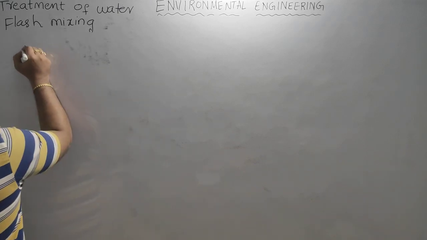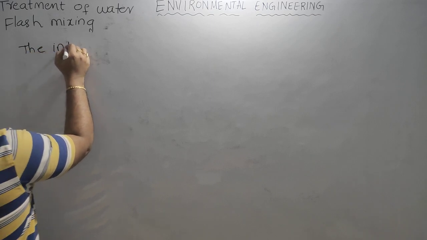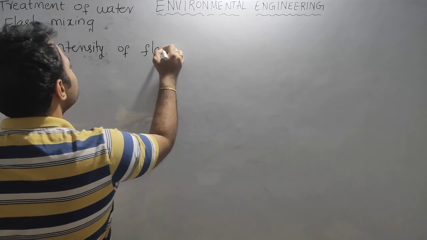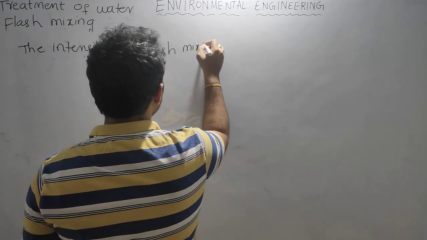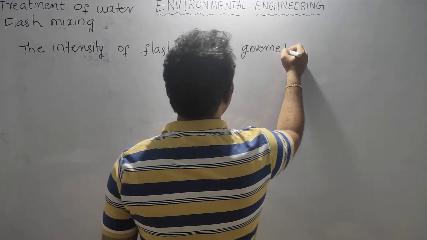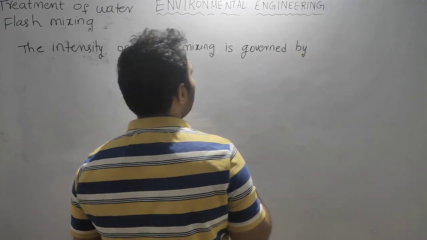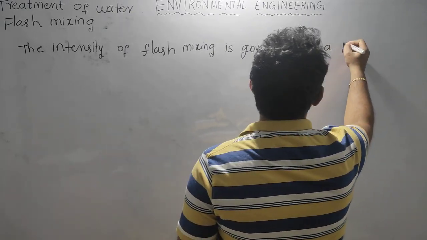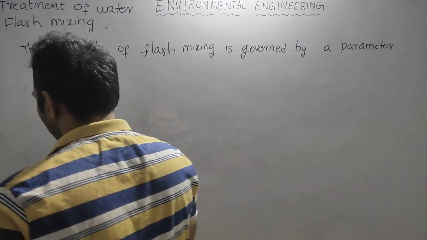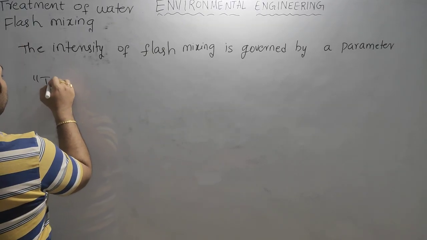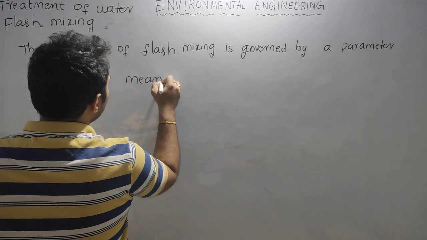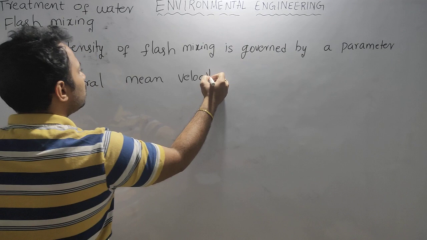So the intensity of flash mixing is governed by a parameter called temporal mean velocity gradient.